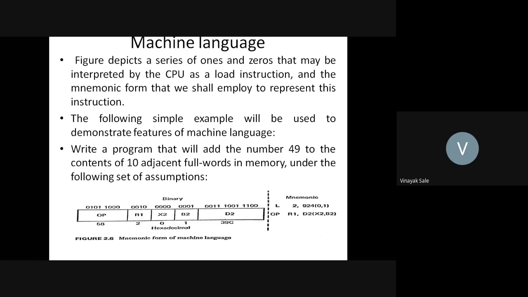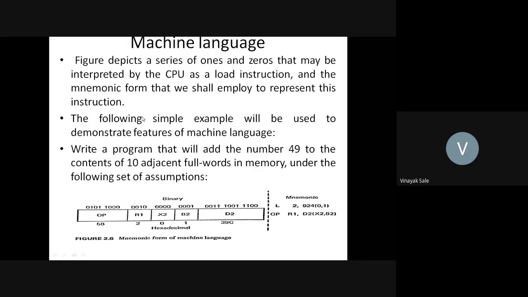But while developing the IBM 360 machine, data is not stored in binary form, not stored in hexadecimal, but it is stored in mnemonic form. So this is the example. See in this figure, the mnemonic form of the machine language.